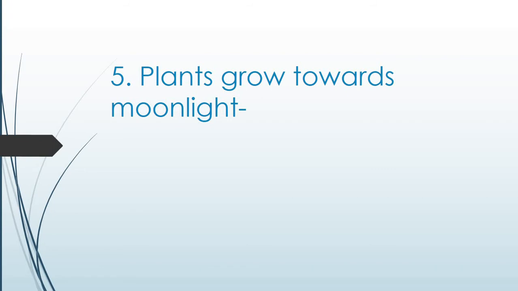I hope you will remember, you will now be able to write the correct answer, because since 3 days we are doing chapter 6, in which it was clearly mentioned in the movement of plants. Anyways, the correct answer is false. Plants grow towards the sunlight, not the moonlight, right? So this statement is false. And I also gave you the example of lotus flower, sunflower. So this statement is false.